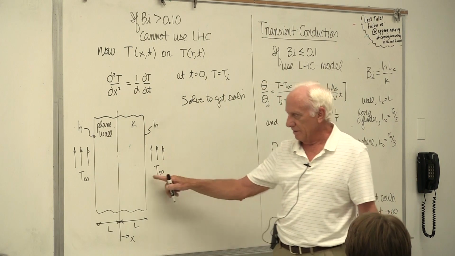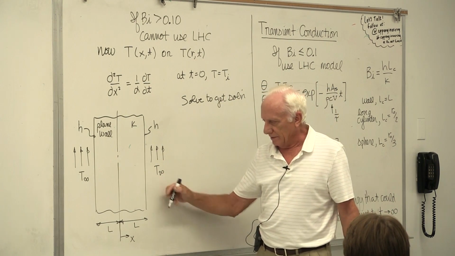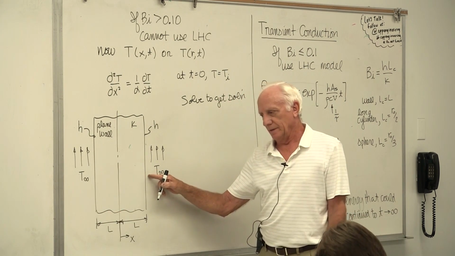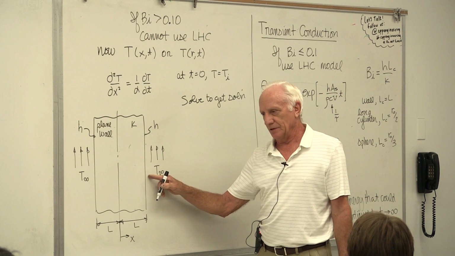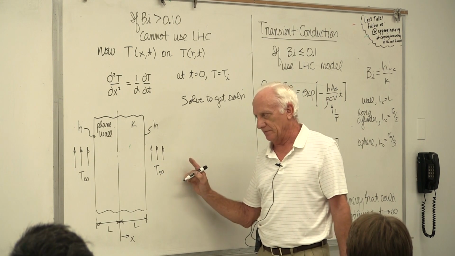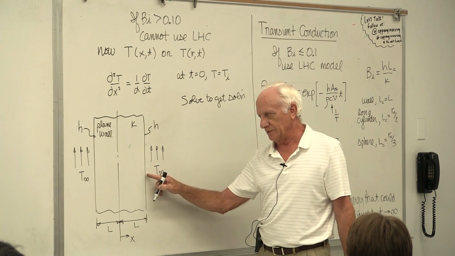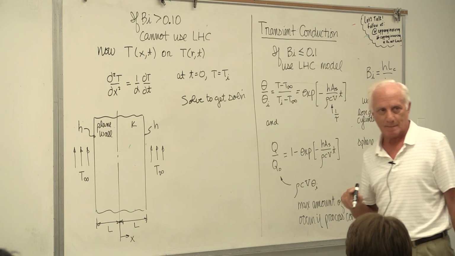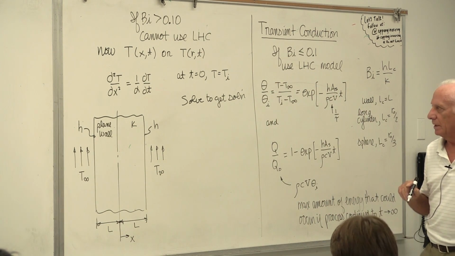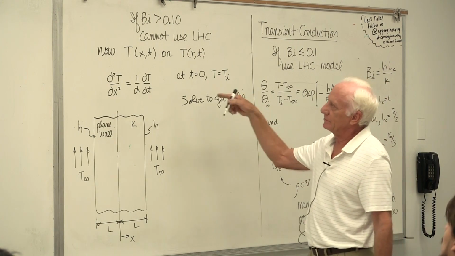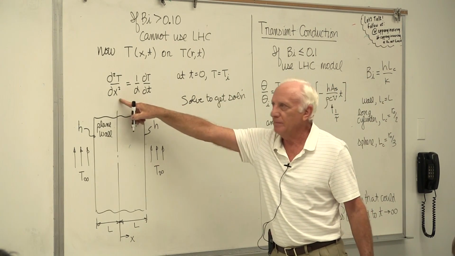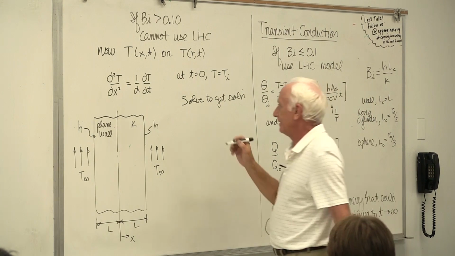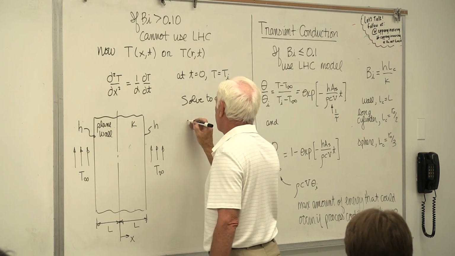The second boundary condition, when x equals L: conduction into the surface equals convection out of the surface. Conduction into the surface control volume equals convection out of the surface control volume, chapter 1. So you use one initial condition and two boundary conditions, you solve it, and you get a pretty horrendous solution. It's an infinite series.